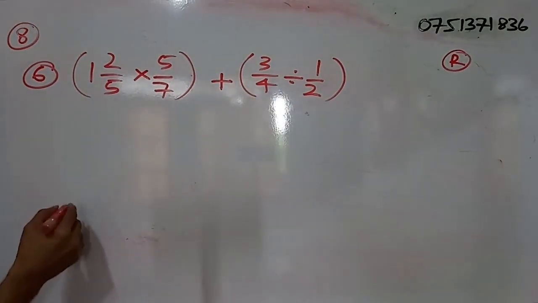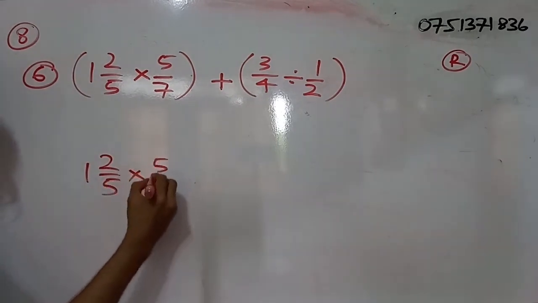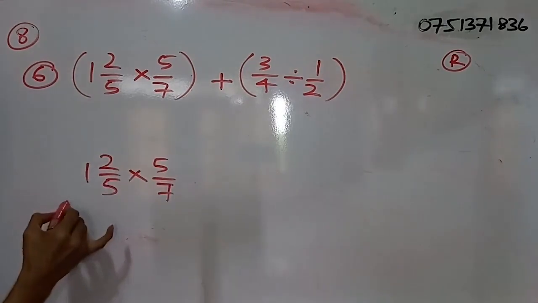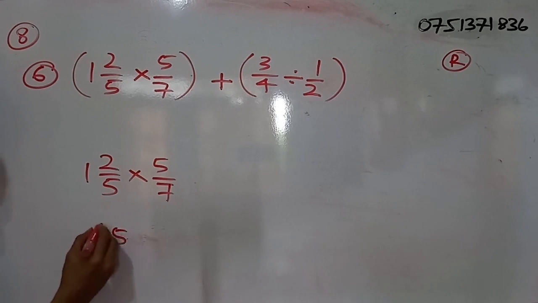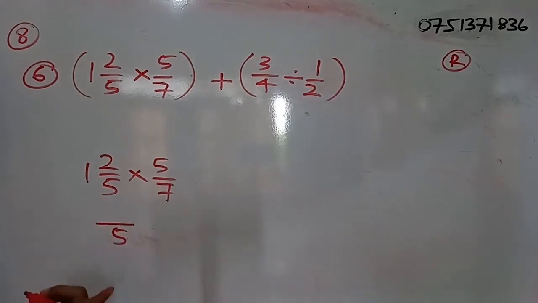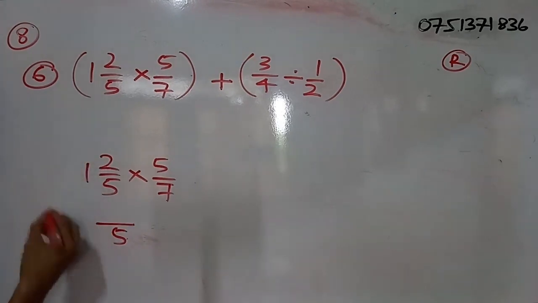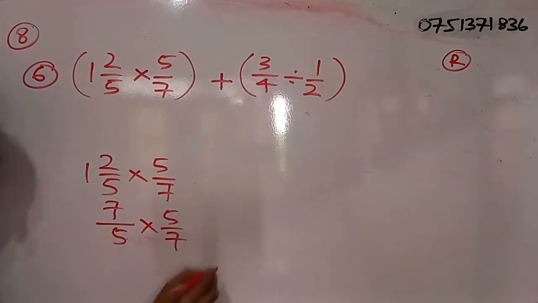Right. So here we have what? 1 and 2 by 5. We have to multiply that by 5 by 7. So this is a mixed number, so we have to convert it into what? Improper fraction. So the denominator will be the same. What will be the numerator? 5 times 1, that is 5. To that add the 2, so this becomes 7. Multiply that by 5 by 7.